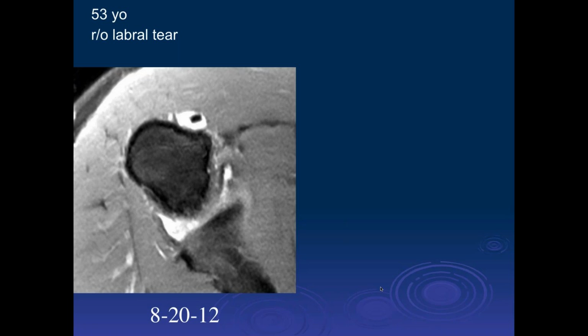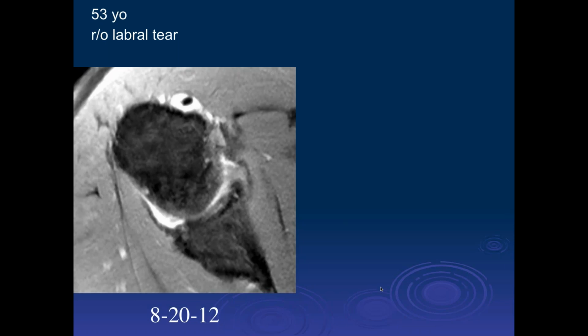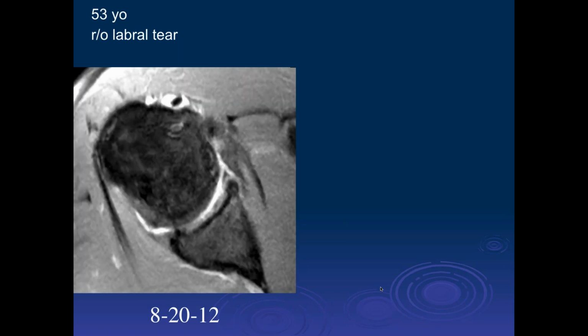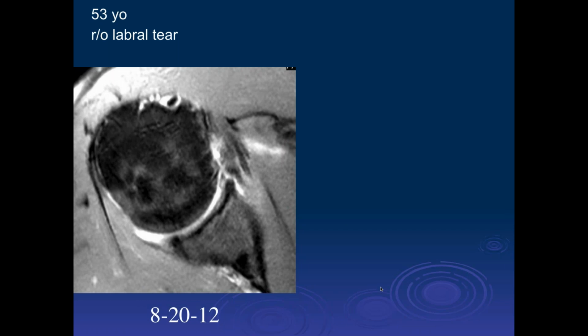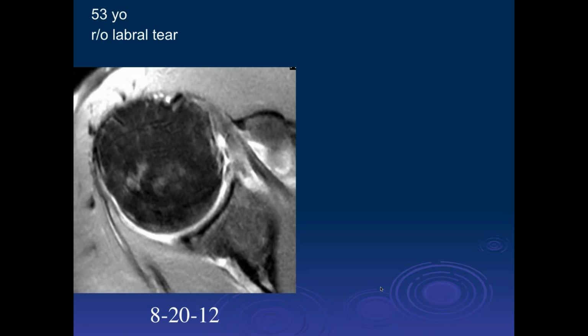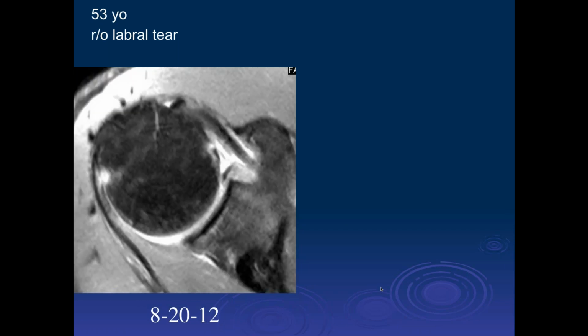53-year-old evaluated for labral tear. So I see 12. Here's this cut. There's the next cut up. There's another cut. Here's another cut. There's another cut. And now we're all the way up here toward the top. Right. So I think it looks like there's an anterior labral tear.